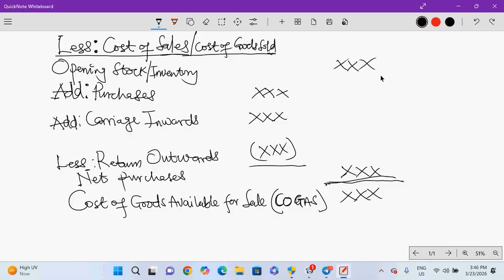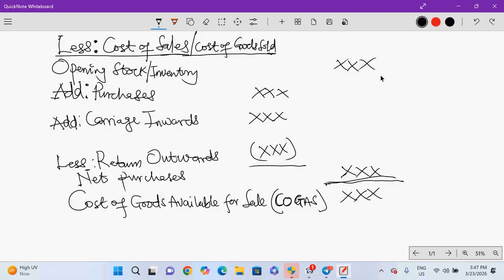Now, this is not always the case, but sometimes it happens. Sometimes the owner of the business can take some of the inventory or stock and give it to his daughter, saying, I've taken 100 pieces of the stock for my daughter.